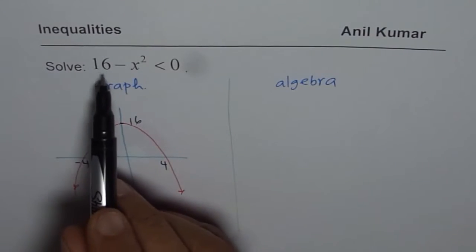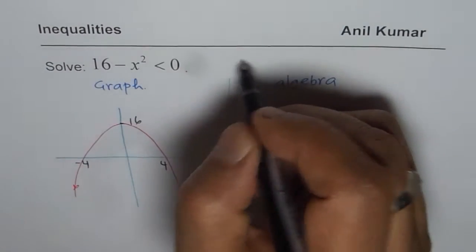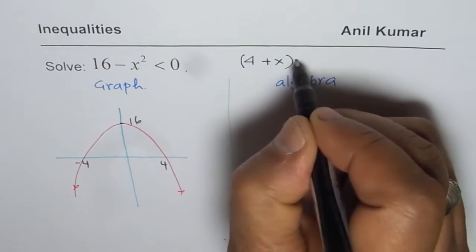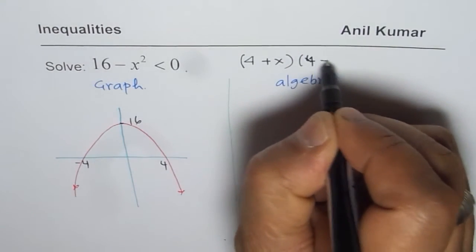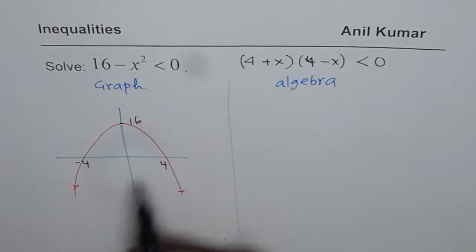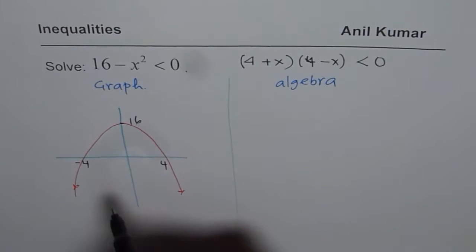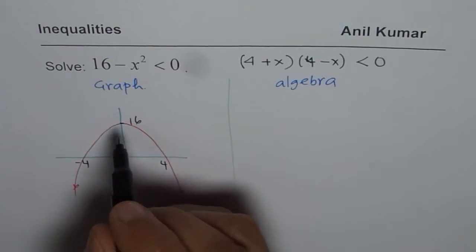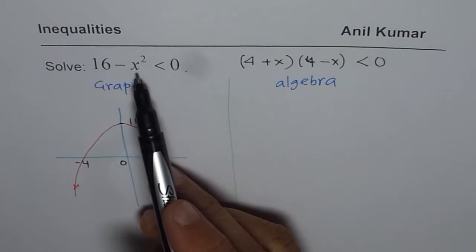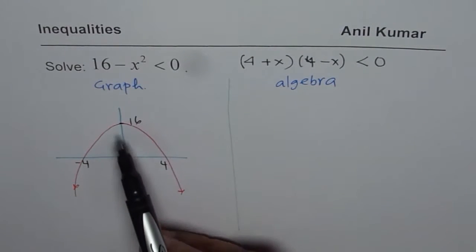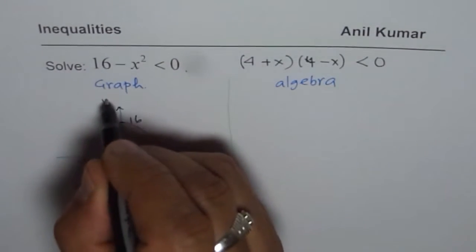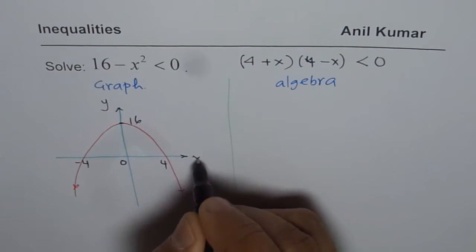Some of you can actually factor this and write it as 4 plus x times 4 minus x less than 0, and that clearly gives you two x-intercepts. And at x equals 0, we do get a y value of 16. So it's a parabola which has been translated 16 units up, and it is also reflected on the x-axis.